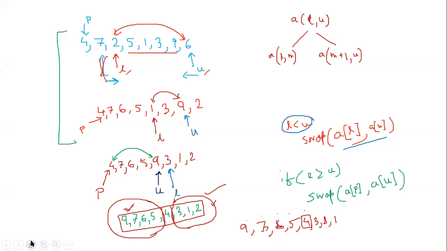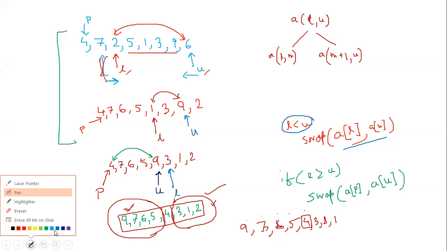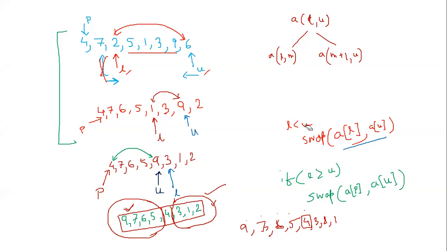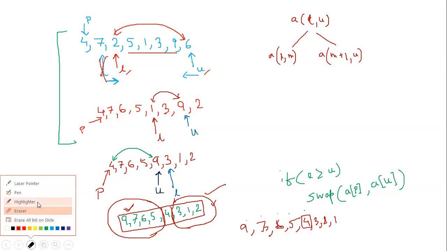But in case of quicksort, if you compare this strategy, the recursive call will be something like this.